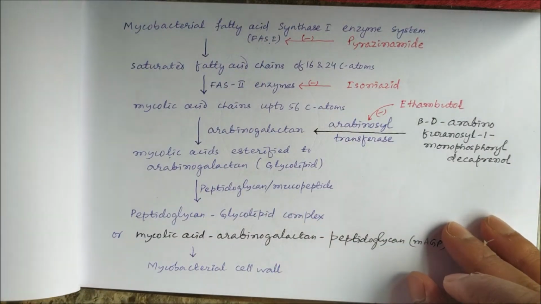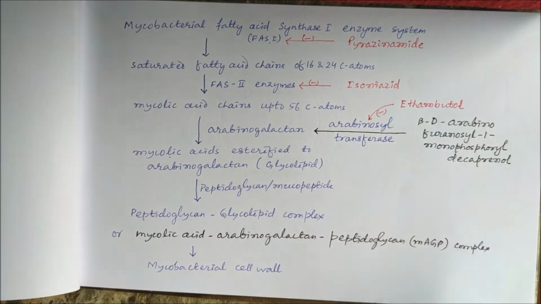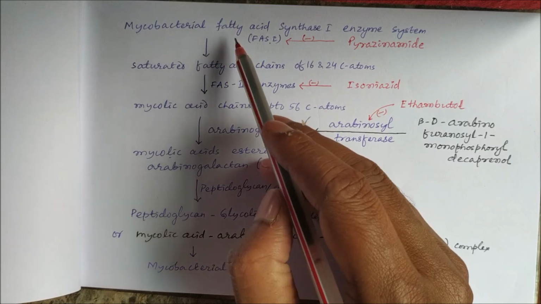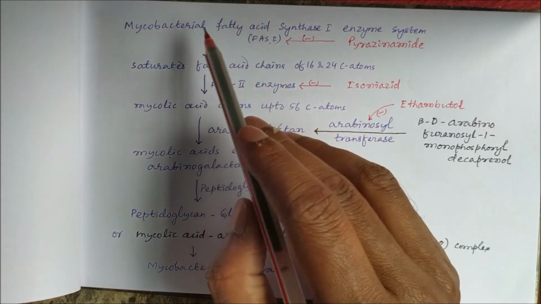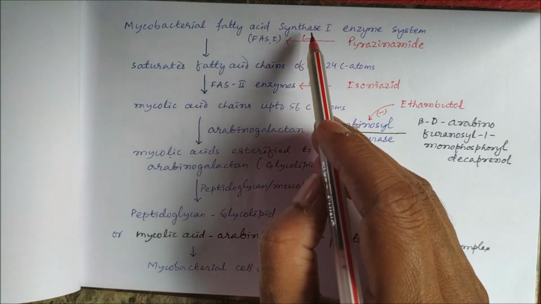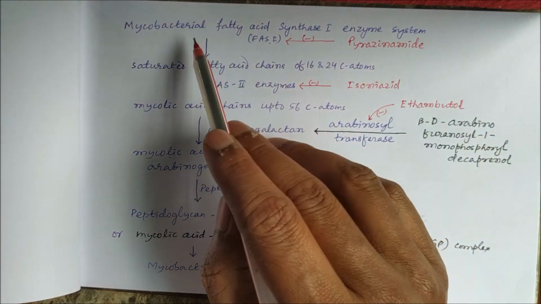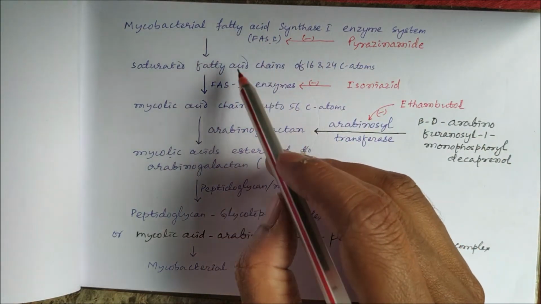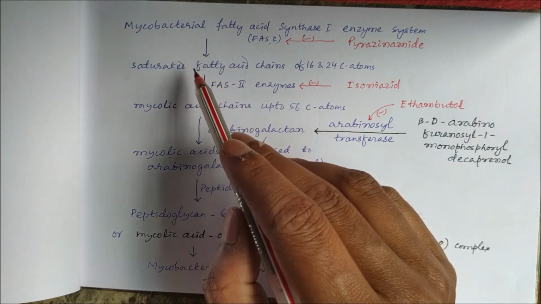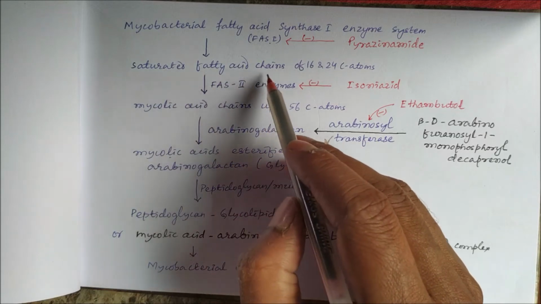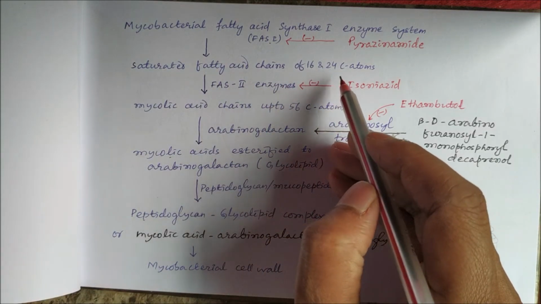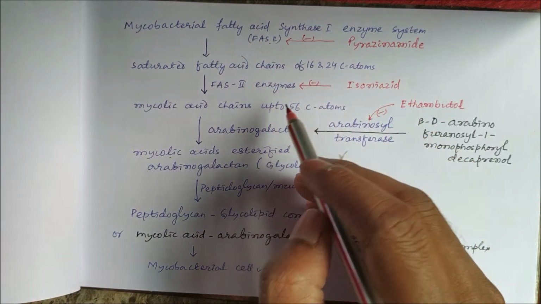How is this mycobacterial cell wall or MAGP complex synthesized? First, the fatty acid synthase 1 enzyme system of mycobacterium is used to produce saturated fatty acid chains of 16 and 24 carbon atoms.